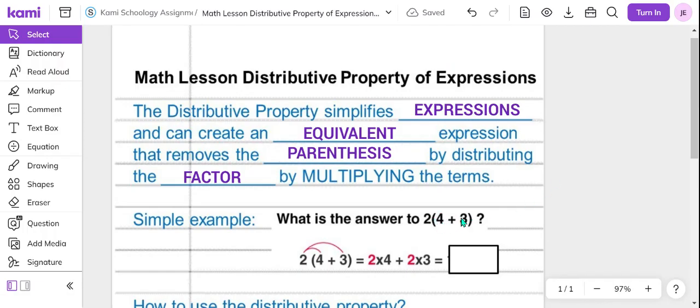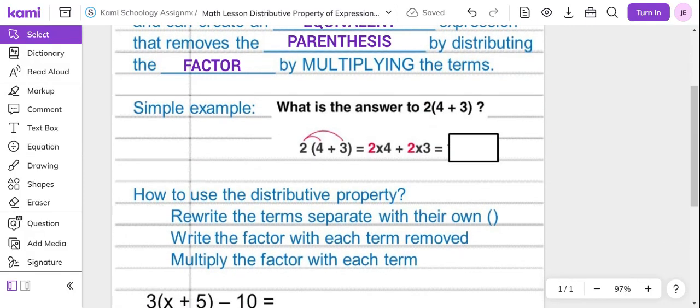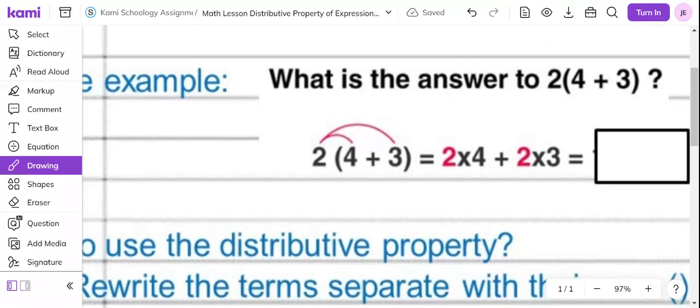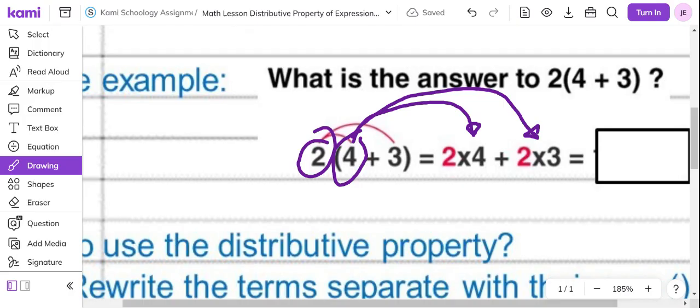So if we do 4 plus 3, that will give us 7. And then whatever is inside the parentheses is multiplied by the factor outside, which is 2. There's another way to look at it. You can take the term, separate it, and rewrite it, and take the other term inside the parentheses out of the parentheses, and then multiply each one of the terms by the factor in front of the parentheses.